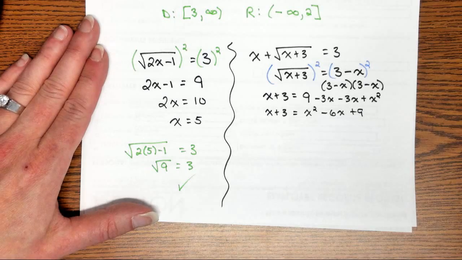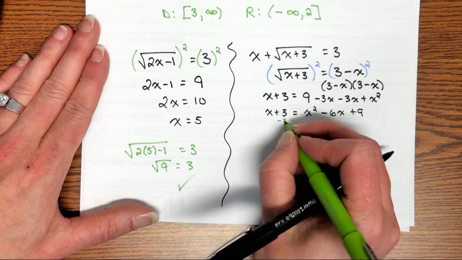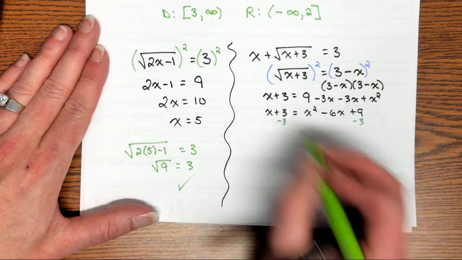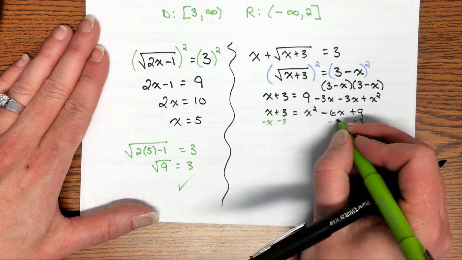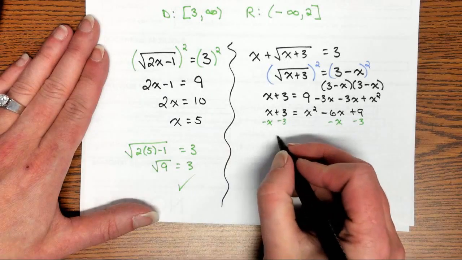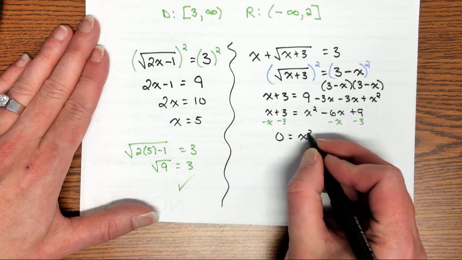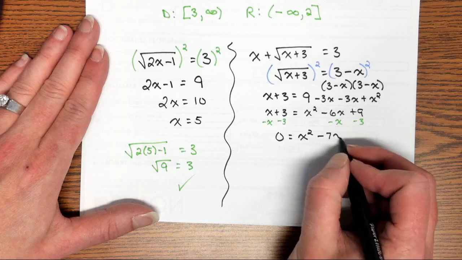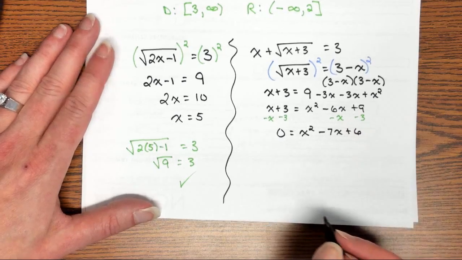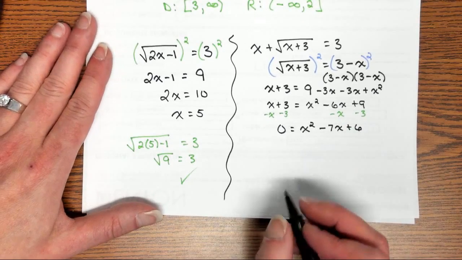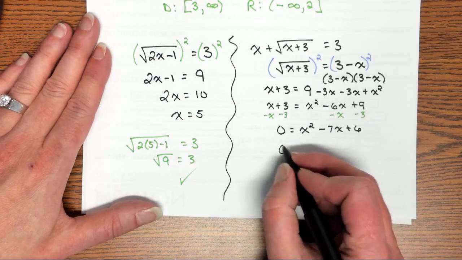We have a quadratic. So we want to get everything on the same side. So I'm going to subtract 3 and subtract the x. So there'll be 0 left here. That would be x squared negative 7x plus 6. Oh, I like that it doesn't have anything in front of x squared. That makes it a lot easier to factor.